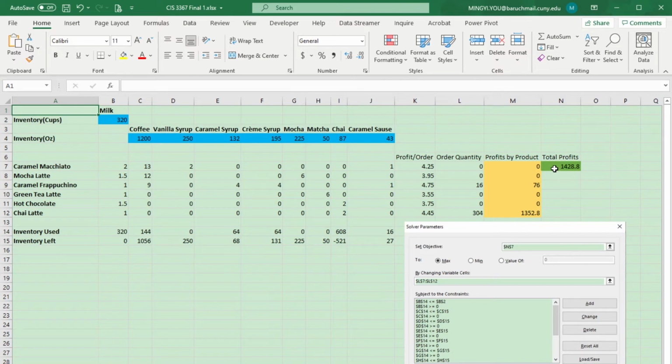The goal in this analysis is to maximize the profit by simulating the product with the highest profit rate.